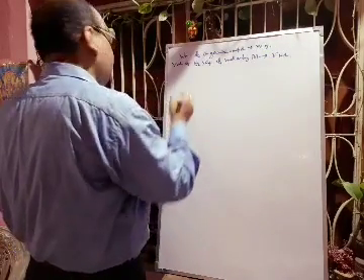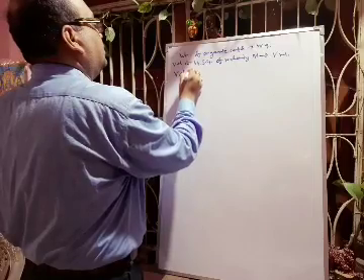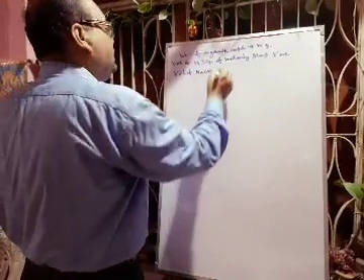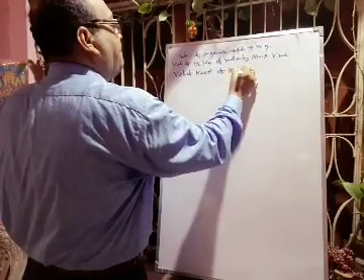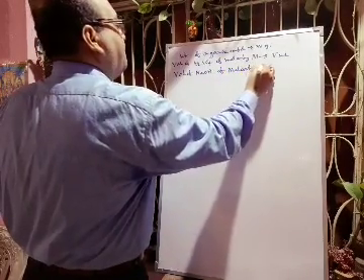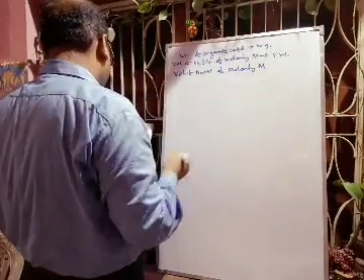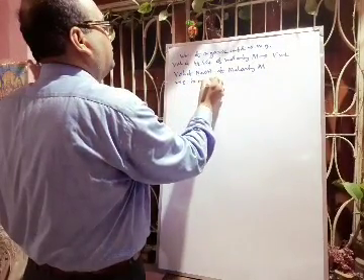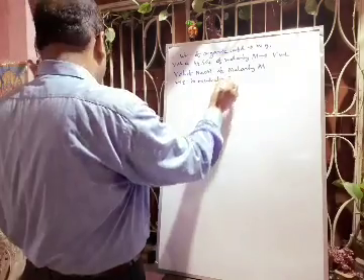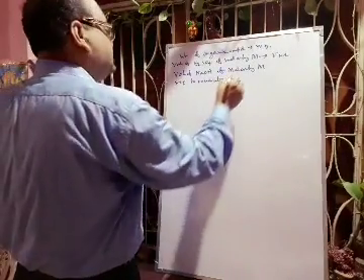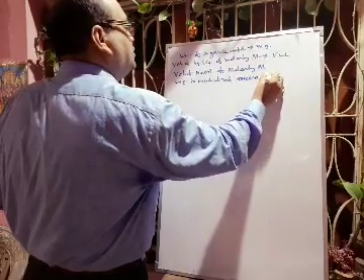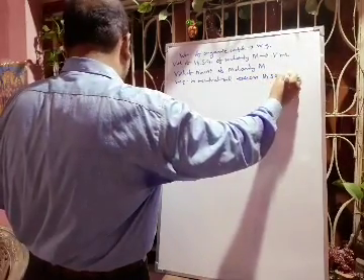And volume of NaOH of molarity M required to neutralize excess H2SO4 will be equal to V1 mL.